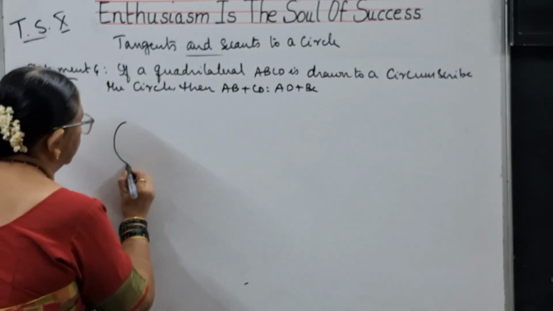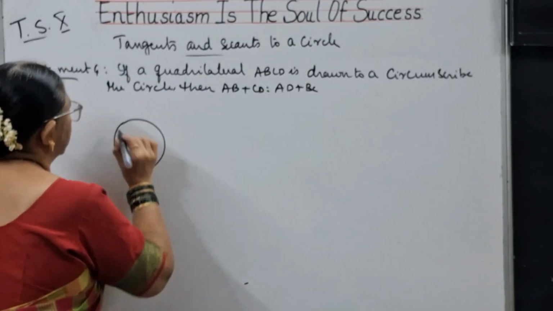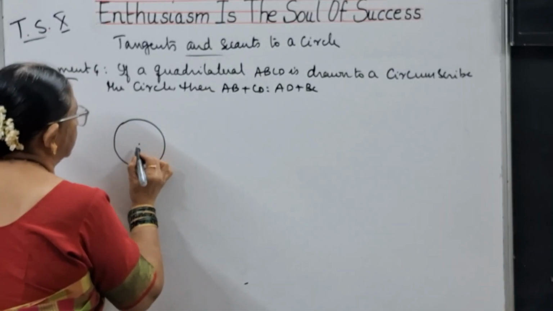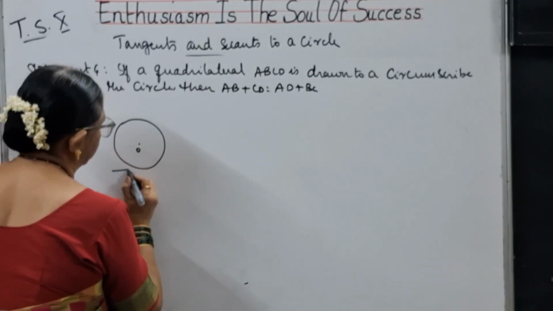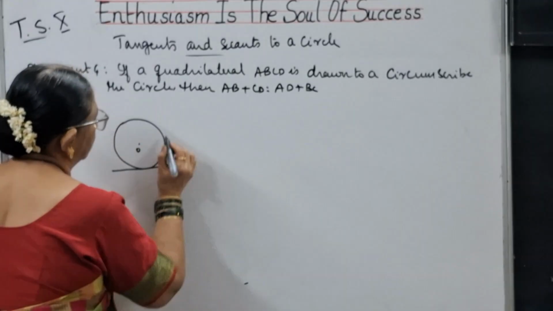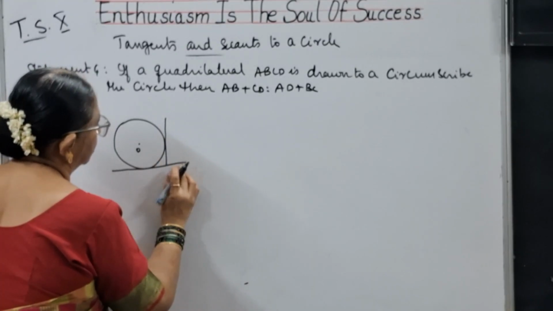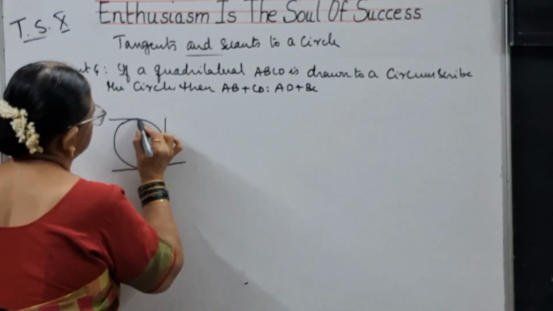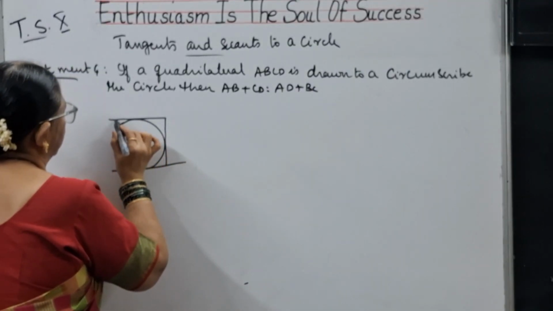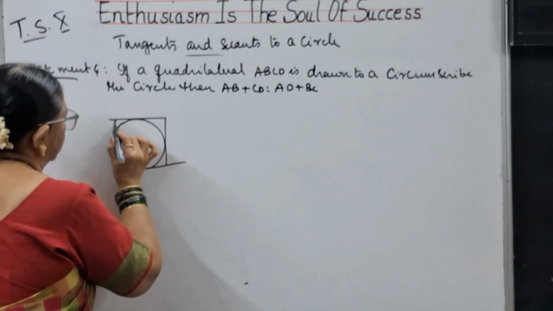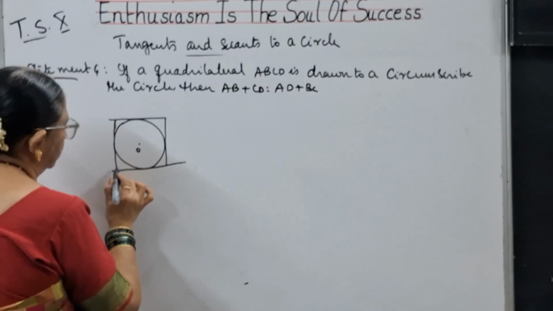So if you draw a circle like this, with center O, now this is one tangent you are drawing, and this is another line, and this is another one, and this one is another line.